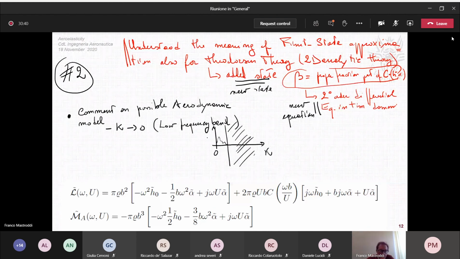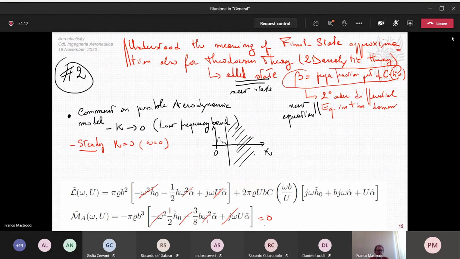In this case, you can approximate this, and the lowest level approximation is the steady case. Steady means k equal to 0. So you may cancel this. K equal to 0 means omega equal to 0. In particular, look, the moment is given to you as 0.